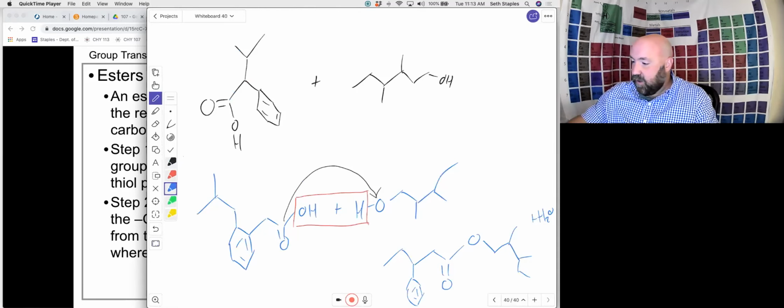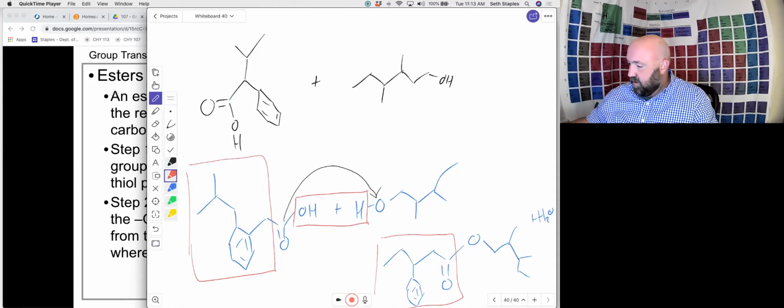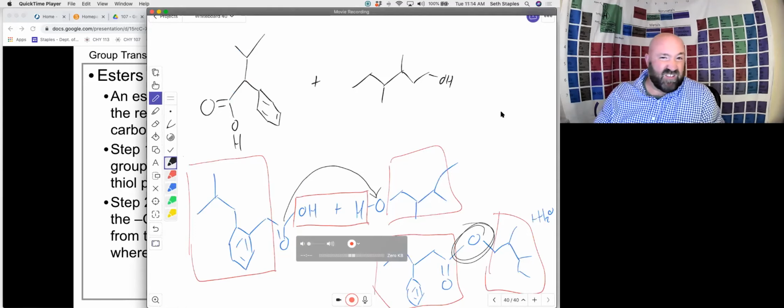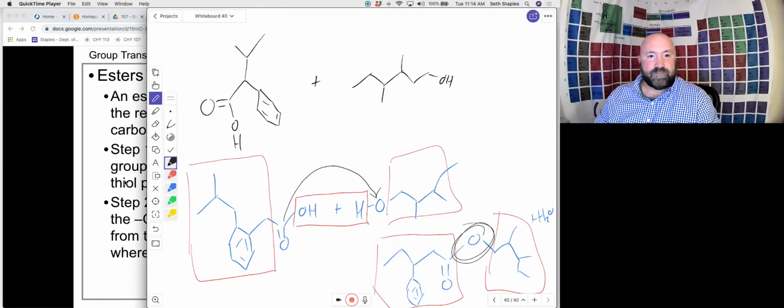So again, we can see that the R groups didn't change at all. This compound is still right here. This compound is still right here. Those just came along for the ride in order to form our new bond here at the ester, here at the oxygen of the ester.